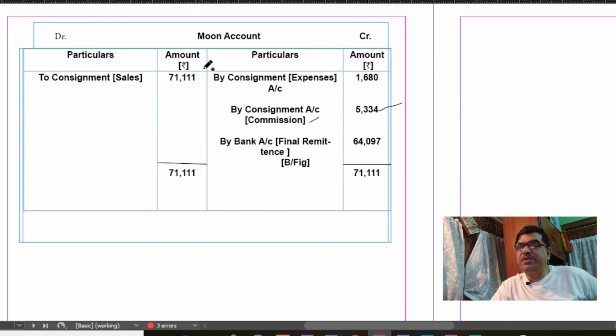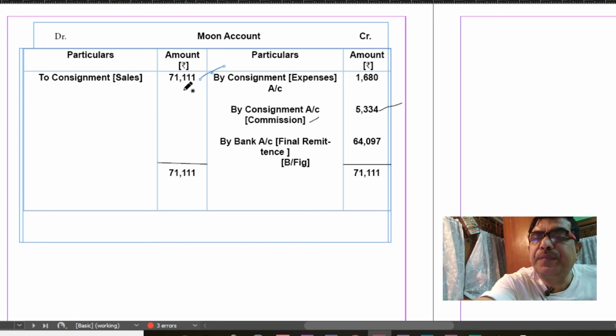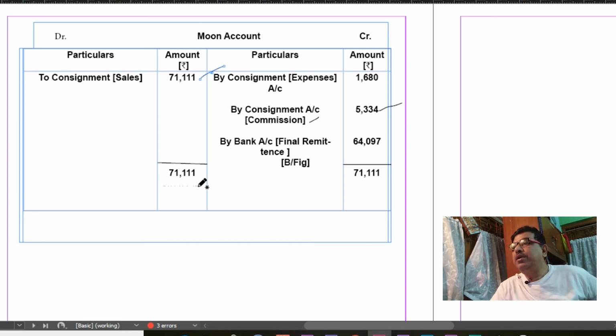Naturally, it will come on debit side under Moon account. To consignment account, sale proceeds 71,111. And total was 71,111, and naturally we get the balancing figure rupees 64,097, and it is by bank account final remittance, that is balancing figure.